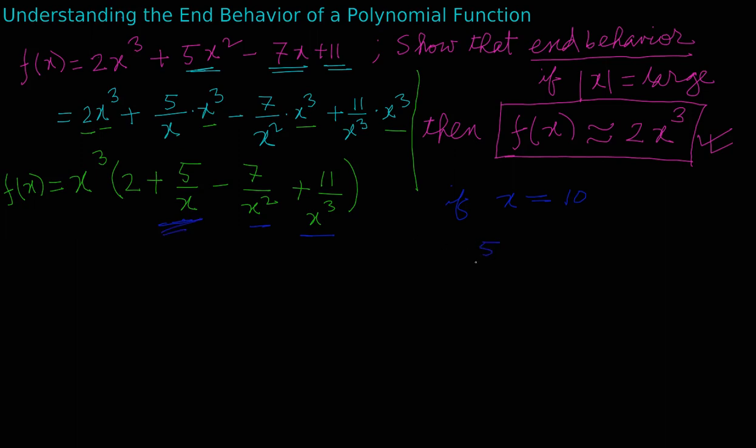That is 5 over 10, which is 0.5. Now let us see 7 over x squared, which is 7 over 10 squared, 7 over 100, which is equal to 0.07.